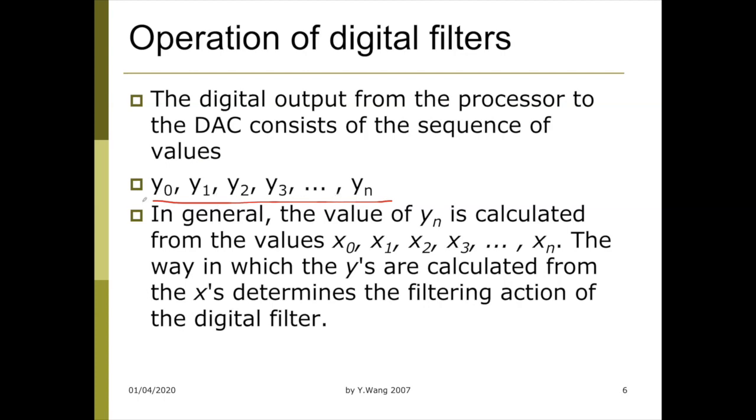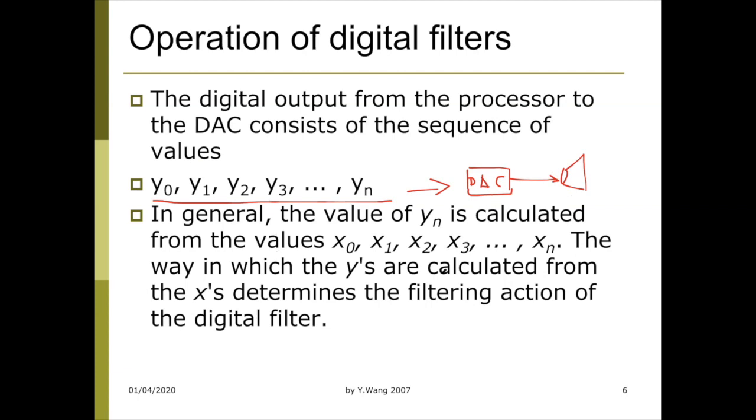Those values are then sent to a DAC device, where DAC means digital to analog conversion, so you can convert to analog. For audio processing, it normally goes to a speaker. All right, so the sound has been generated, and your filtered signal is being generated.